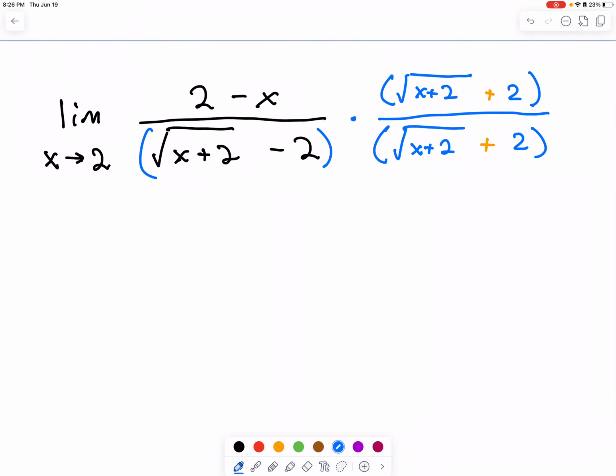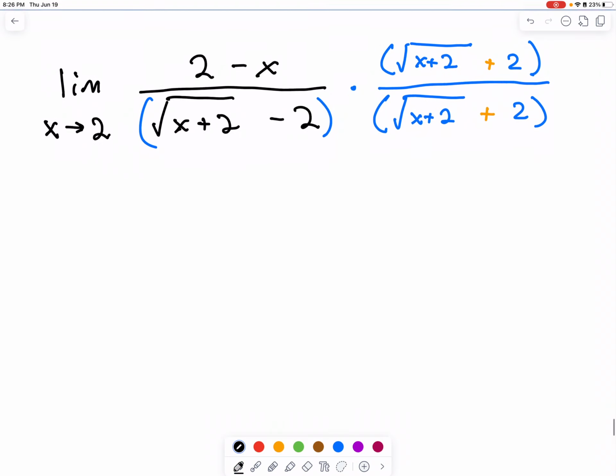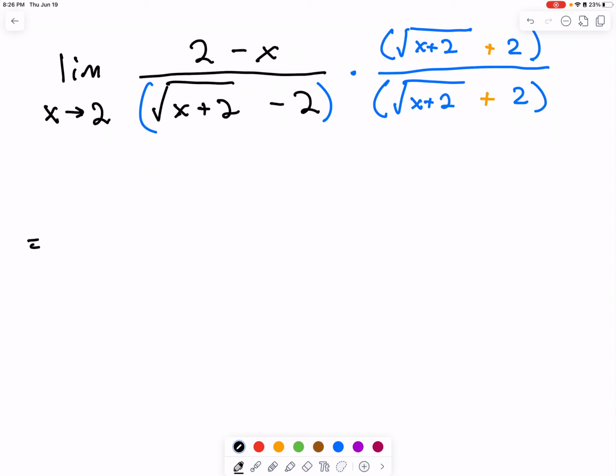So let's do this and see what happens. I'm just going to bring the limit down. Let's focus on the denominator first. We have a binomial times a binomial, which means 2 terms times 2 terms, so we can FOIL: first, outer, inner, last.